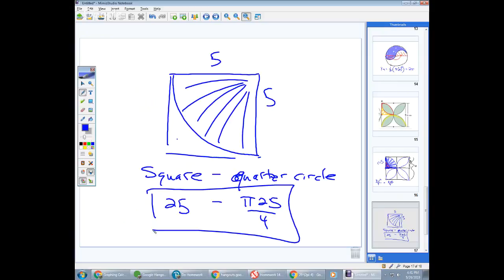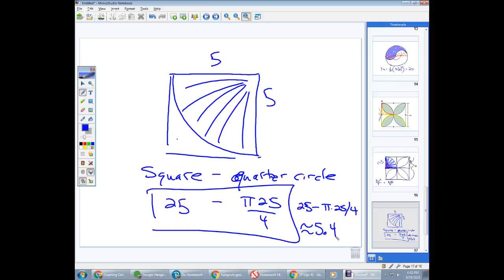Sarah, calculator? 25 minus pi times 25 divided by 4. 19.63. We need 25 minus that. So you did it backwards and got a negative number, but it's about 5.4 when you round it to the nearest tenth.